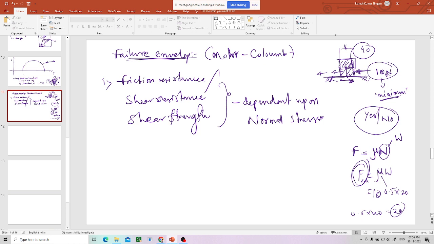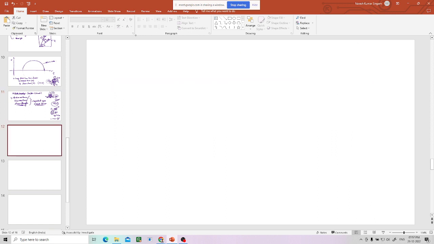So that means shear strength is a function of normal stress. If the normal stress is increasing, shear strength will also increase. You need to apply more shear force to fail it. So if the shear strength is denoted by S, it is a function of normal stress.